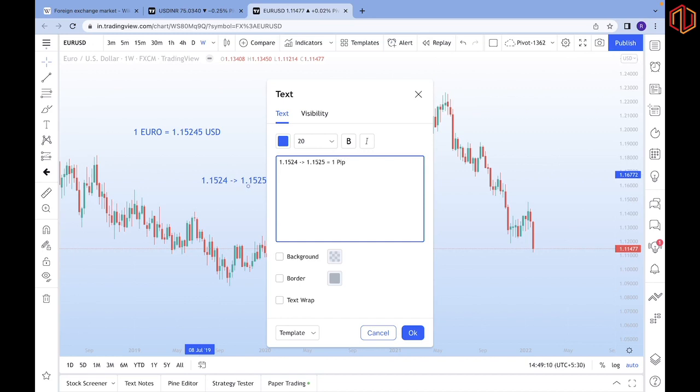Okay, and then once 1.1525 moves to 1.15246, this is called a movement of 1 point. So as you can guess, 1 pip is equal to 10 points.